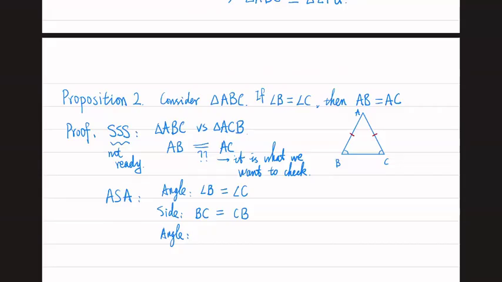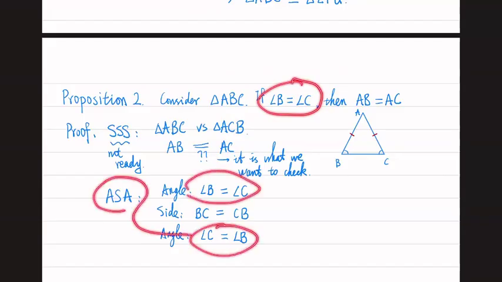Oh, wait, so there's two angles in this theorem, so angle C equals angle B, I guess. Okay, so I take angle C for the third vertex. It corresponds to the third vertex, angle B. Again, this one condition we applied twice when proving the theorem.